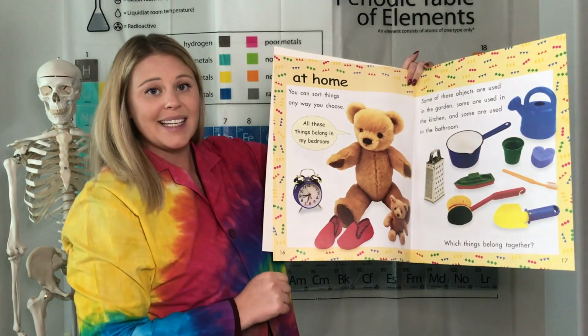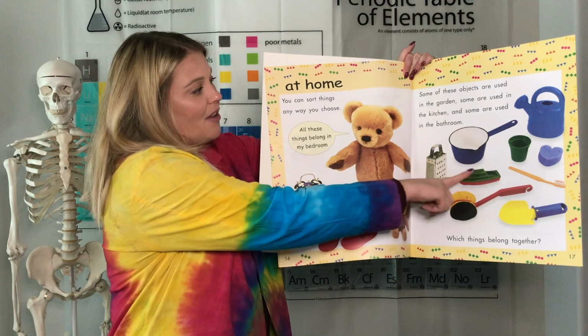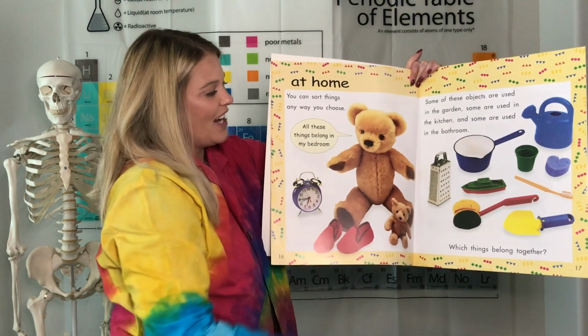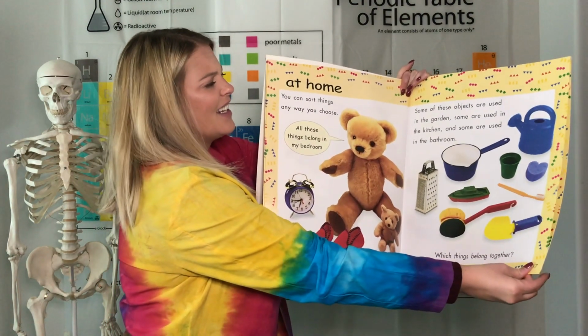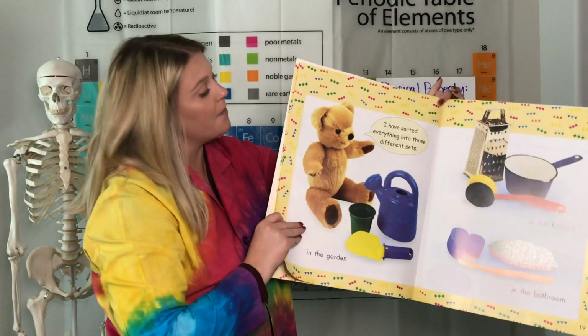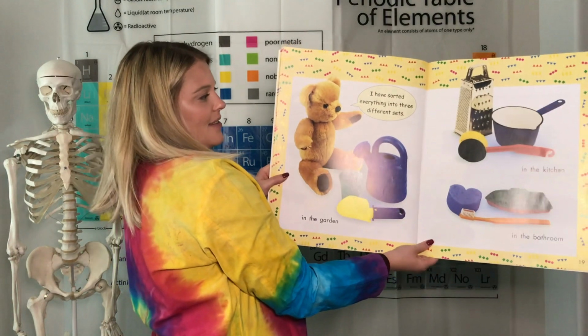What things belong in the kitchen? This pot belongs in the kitchen, the cup, the cheese grater, the sponge. Good. So now we're sorting based on what these objects are used for. I have sorted everything into 3 sets.